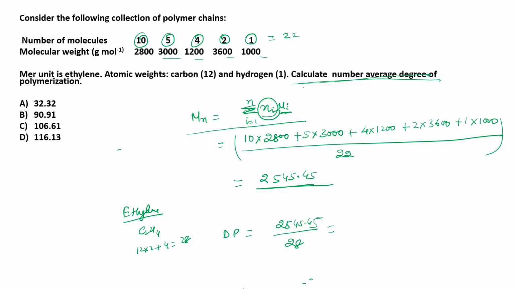So it will be 90.90, which is close to 90.91. That is option P, right? Let us proceed to the next question.